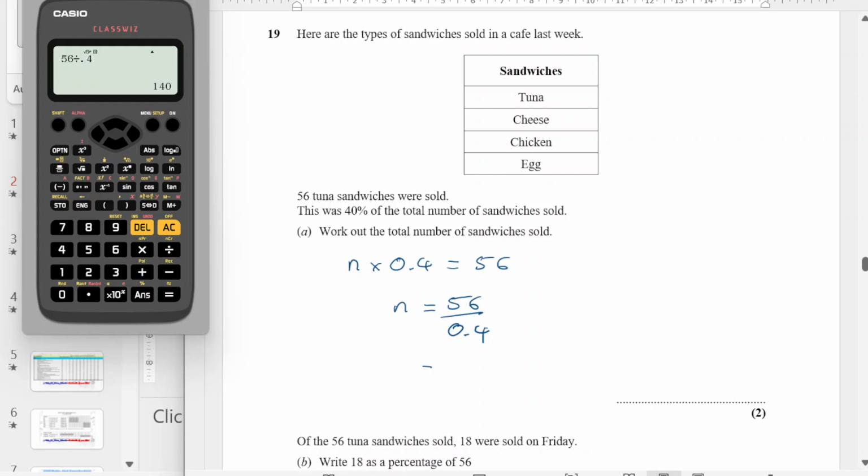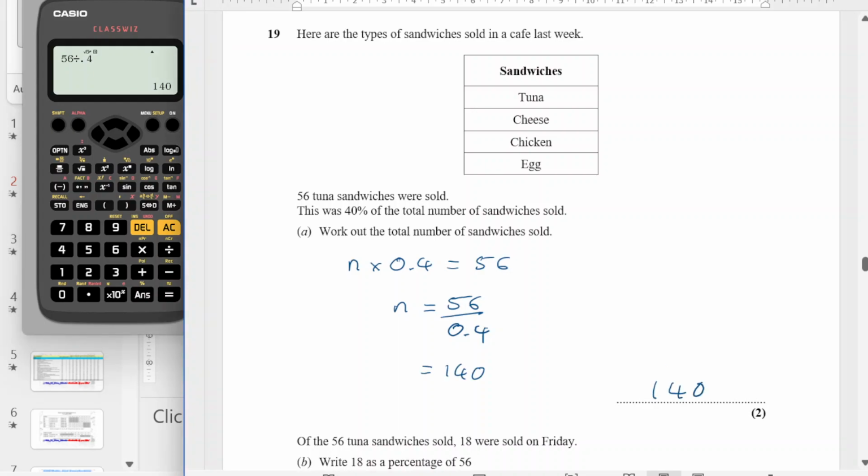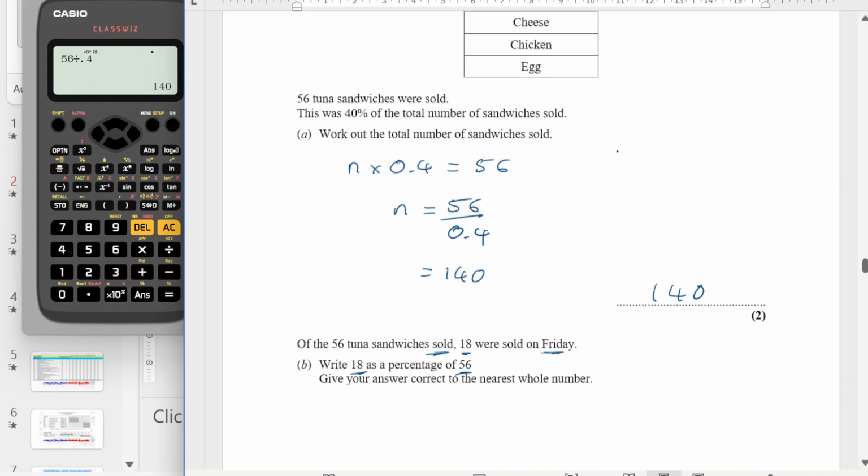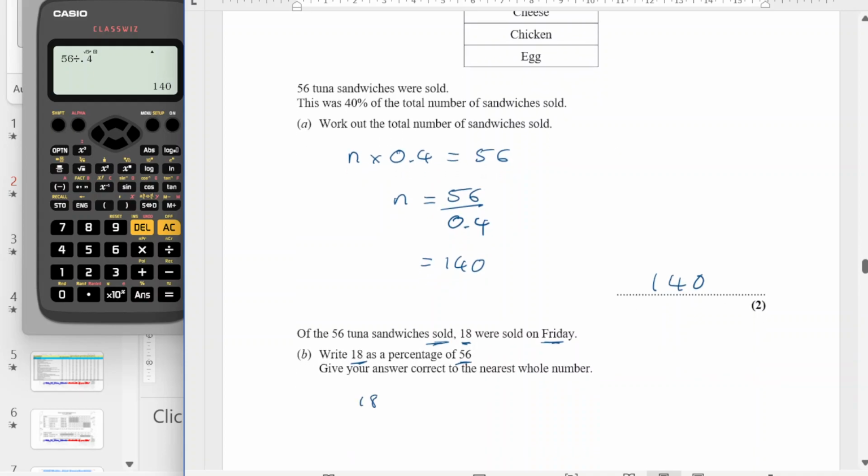So there are going to be 140 sandwiches sold. 56 of the tuna sandwiches are sold. 18 were sold on Friday. Write 18 out of 56 as a percentage, giving your answer correct to the nearest whole number. So that's just 18 divided by 56 times by 100.